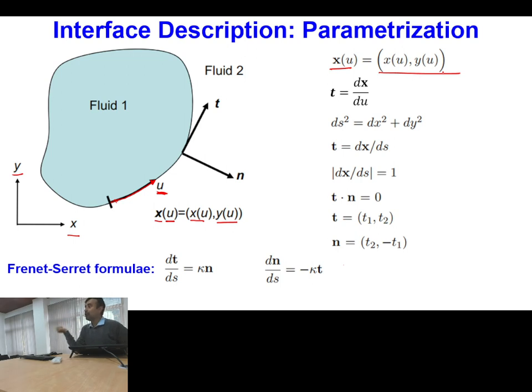So if you have to evolve the interface, you have to define what the velocities at the interface are in the tangential direction, and in the normal direction to the interface, because the velocities normal to the interface are responsible for its motion within the flow domain, either its extension or receding, contraction. Okay.